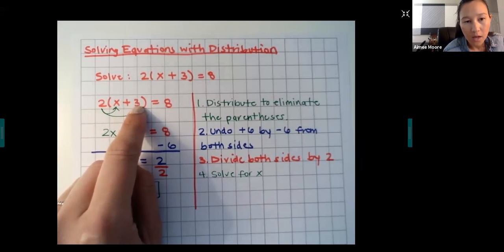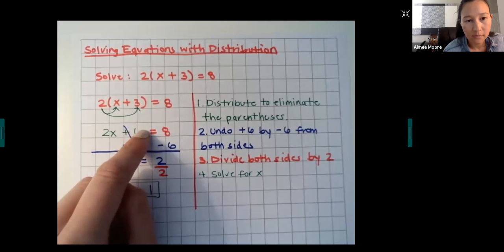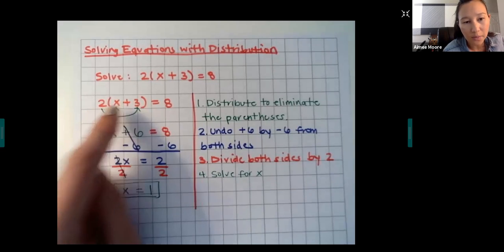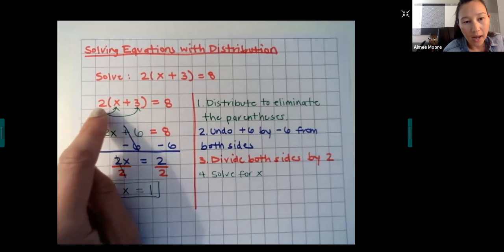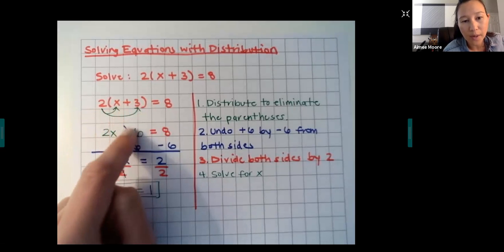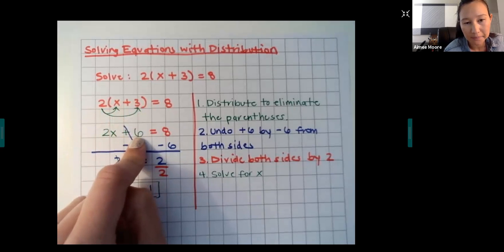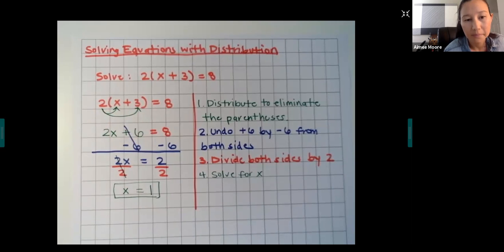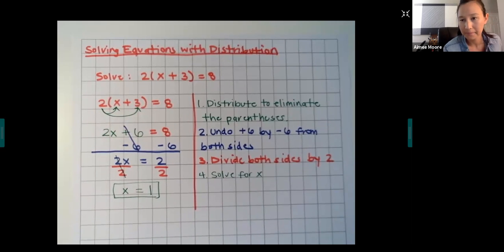Oh, okay, so that's how you got it, and then you use the 2 and put the x at the end. So yes, I multiplied 2 times x, which gave me 2x. And then I multiplied 2 times positive 3, which gave me the positive 6. So basically you're just multiplying, or are you subtracting? You're multiplying. Multiplying, okay.